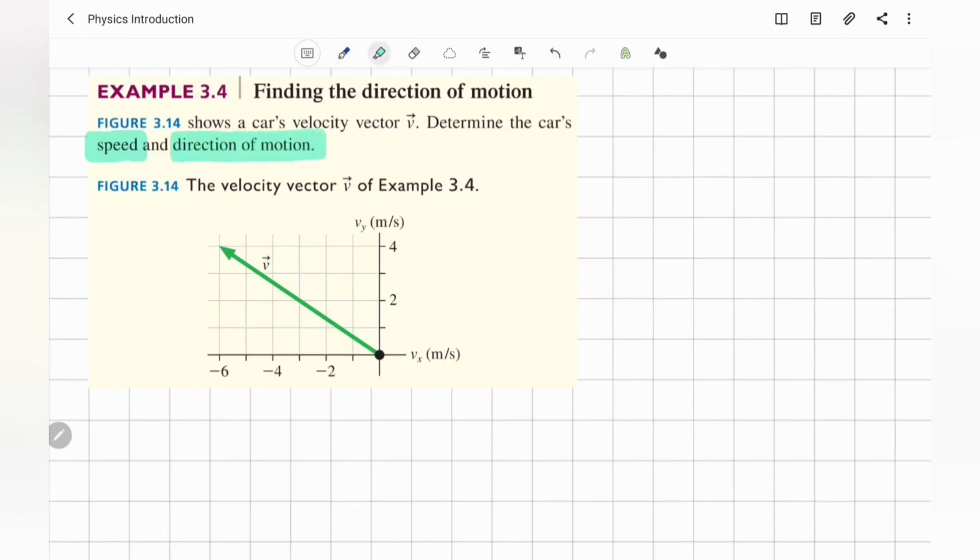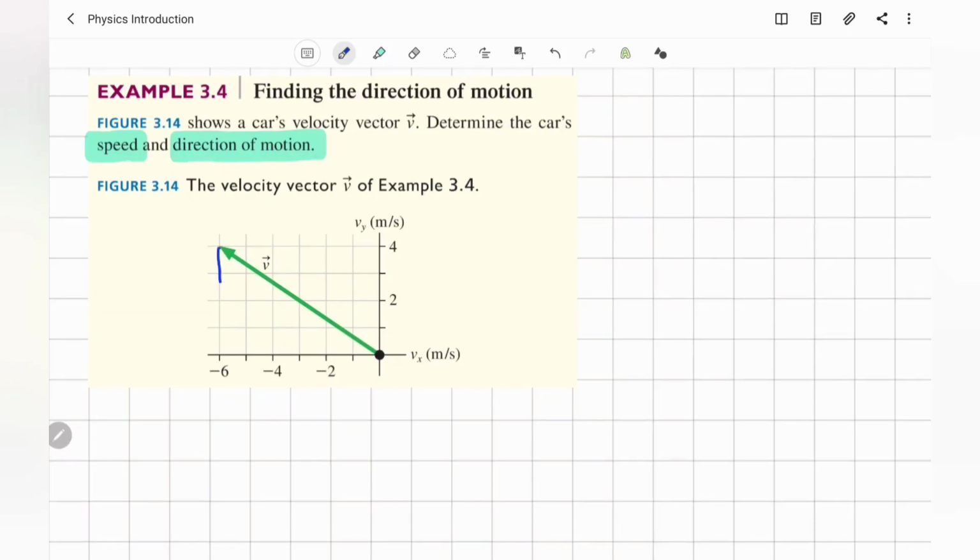First of all, we need to find the numerical value for this velocity, which in English we simply call speed. We know that this car is moving in this direction, given with the solid green line, and this is basically a right triangle.